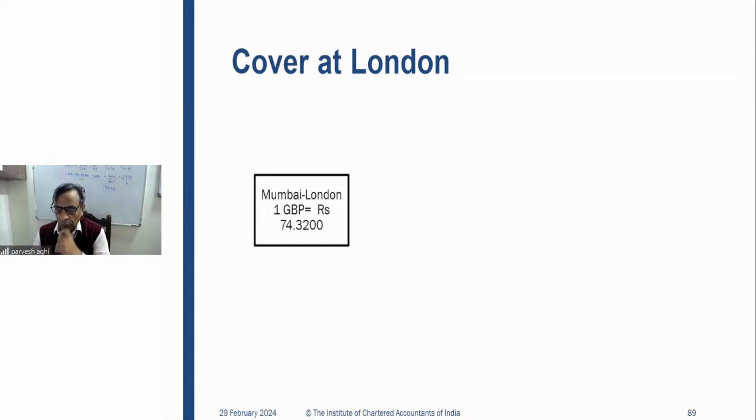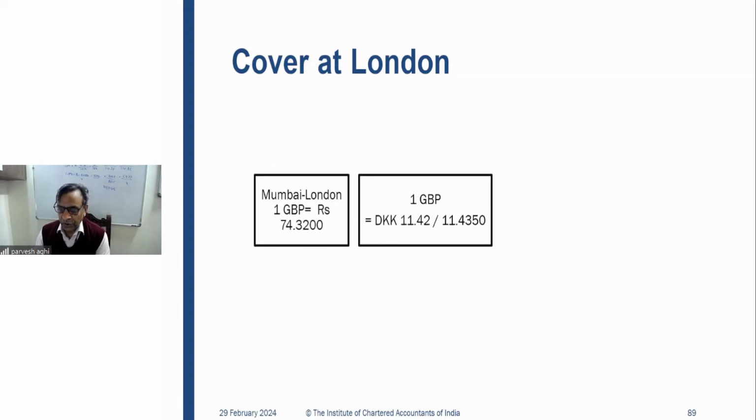Okay. So Mumbai London Bank, we know that the rate of one Great Britain pound is 74.32. And the rate of one Great Britain pound in terms of Danish kroner is also given to you. So two rates are given. One is 1 pound is equal to how many rupees, and then the rate of pound in terms of Danish kroner.